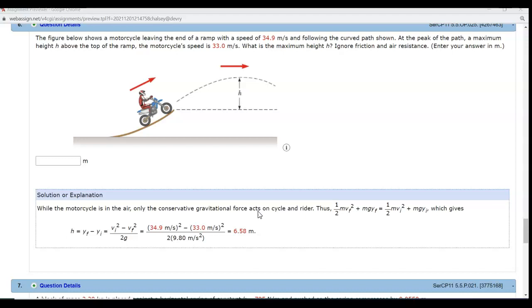Right, so while the motorcycle is in the air, only the conservative gravitational forces act on the cycle and the rider, therefore 1/2 m v final squared plus the mass times the gravity times the y position.